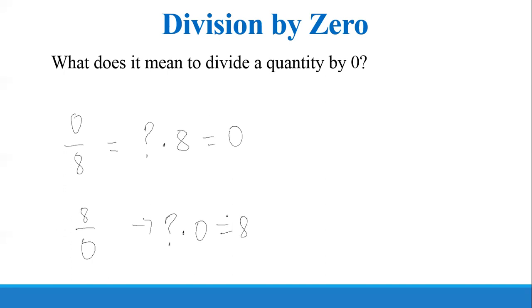There are no numbers that you can multiply by 0 to get a result of 8. So 8 over 0 is undefined. In fact, all division by 0 is undefined.